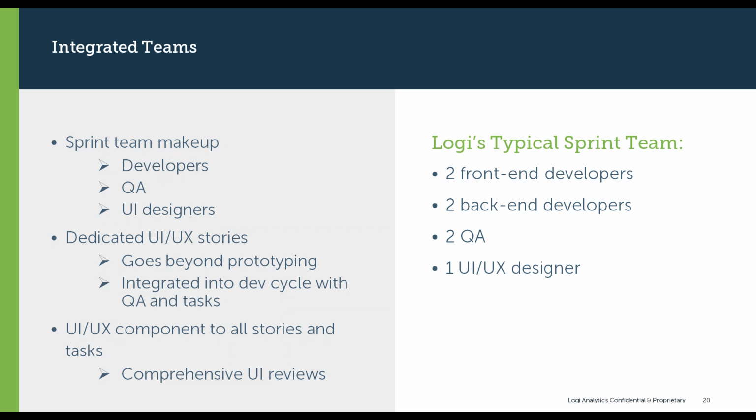And again, every step along the way, even all the way through QA, we do comprehensive UI reviews, understanding, did we build what we set out to initially build? And the UI is one thing as far as how it's laid out, but that experience, does this make sense for that end user? Now, looking at those different personas, does each persona have the right set of tools, the right capabilities, exposed in a way that makes sense for that person?